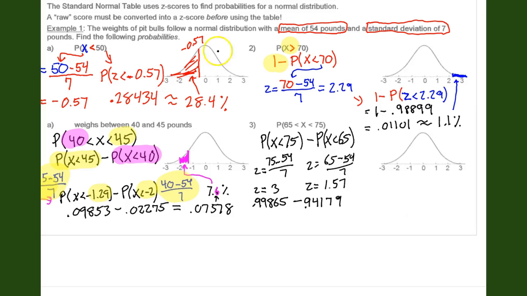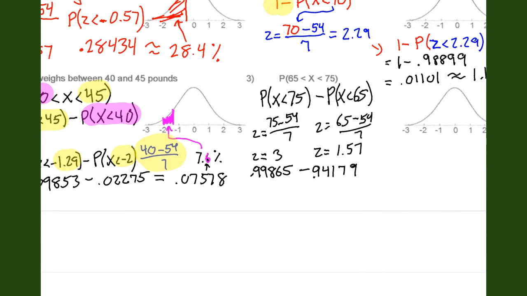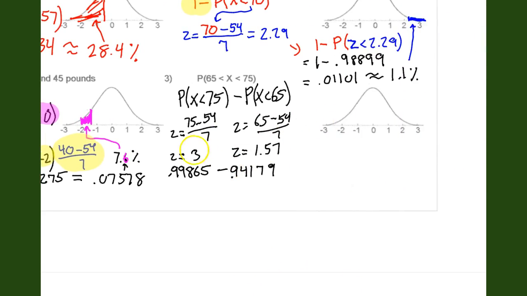And just so you can see this a little clearer, we're going from 3, which is again basically the very end, and 1.57, which is right about here. So between those parts is very, very small. And indeed, if you subtract these two, you'll get 0.05680, which converts to about 5.7%, which does look about right. This is a very small part, so we expected a small number.